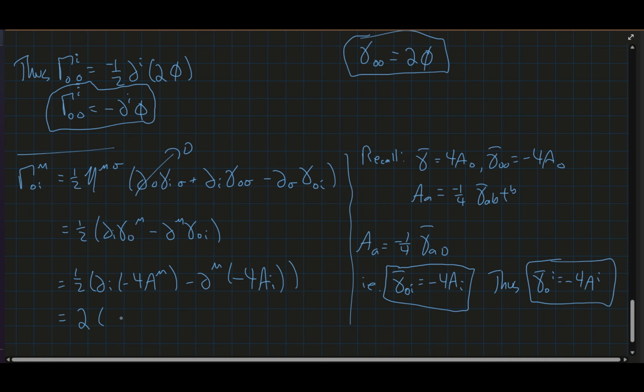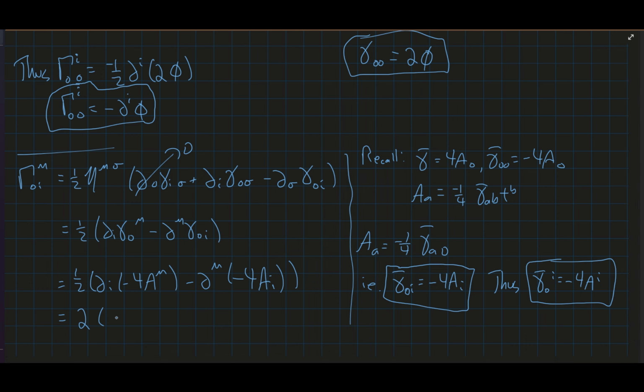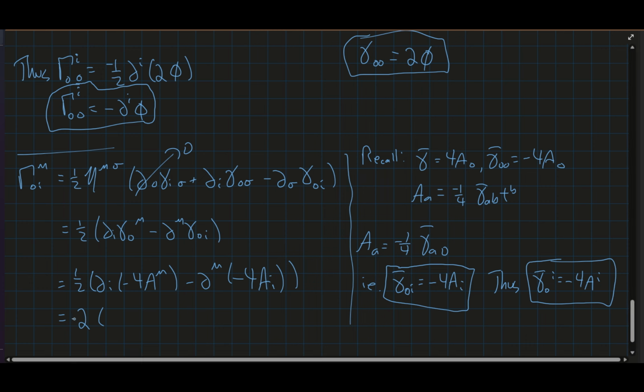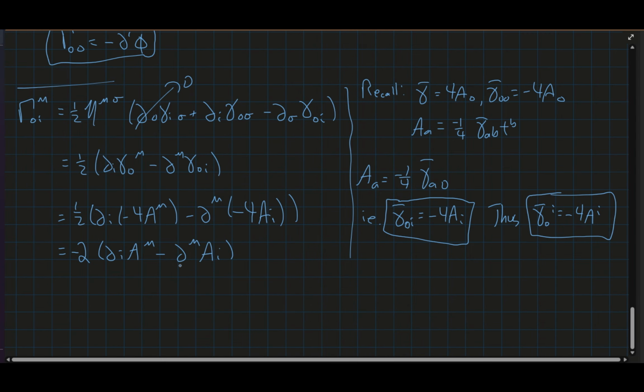Let's take the positive term first. Actually, no, let's take the minus sign up front. We got delta_I A_mu minus delta_mu A_I. Or if we don't take the minus sign up front, I guess this is probably the better way to write it: del_mu A_I minus del_I A_mu.